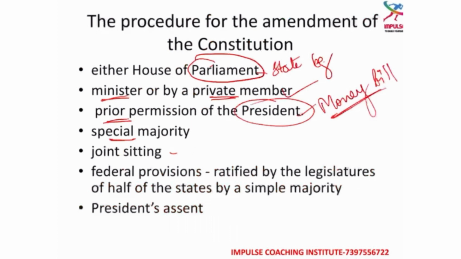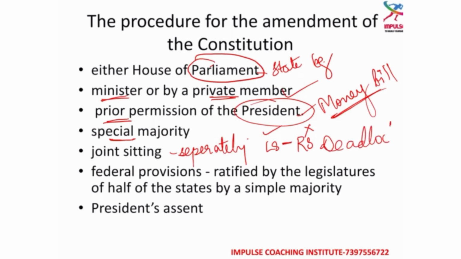After the bill is introduced in either house, the bill must be passed in each house by a special majority. Both the conditions should be satisfied. And each house must pass the bill separately. In case the houses disagree with each other, in case Lok Sabha passes it but Rajya Sabha does not pass it, in case of deadlock, there cannot be a joint sitting.